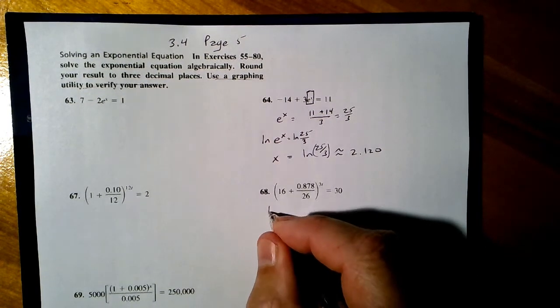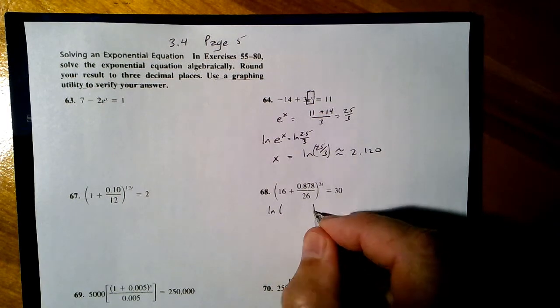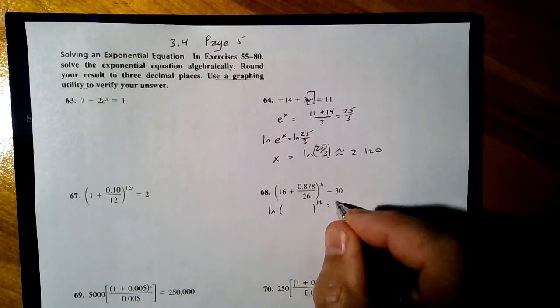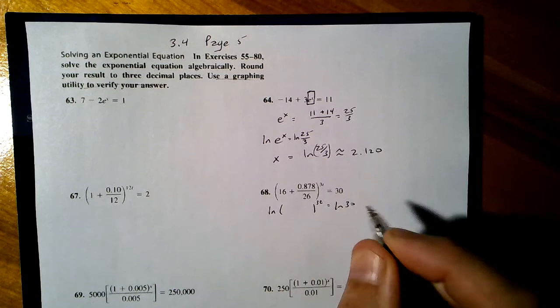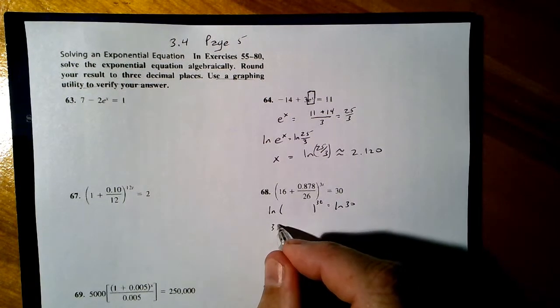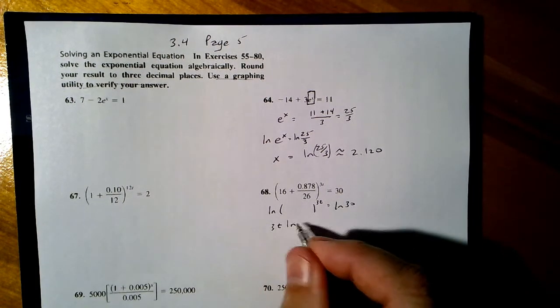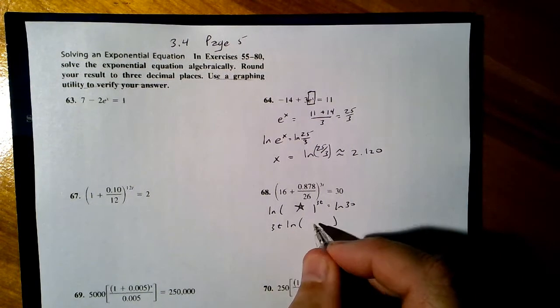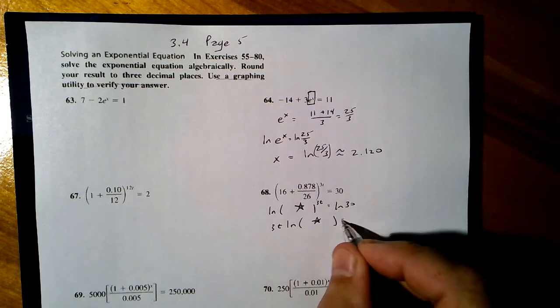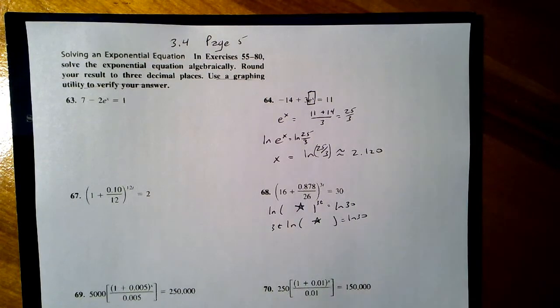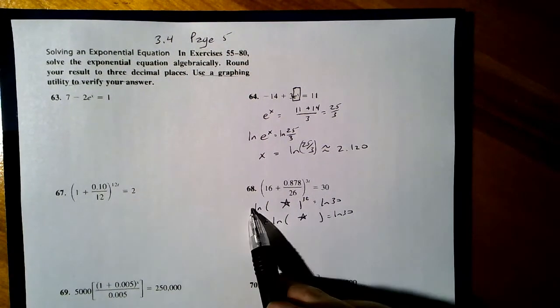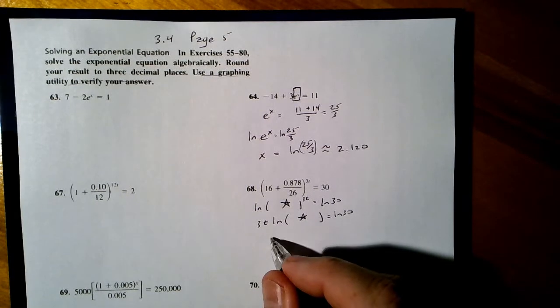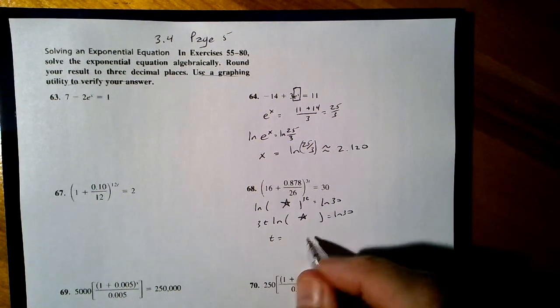So I get ln big mess to the 3t equals ln 30. That gives me 3t times ln of the big mess, which I'm just going to call star for right now, equals ln 30.